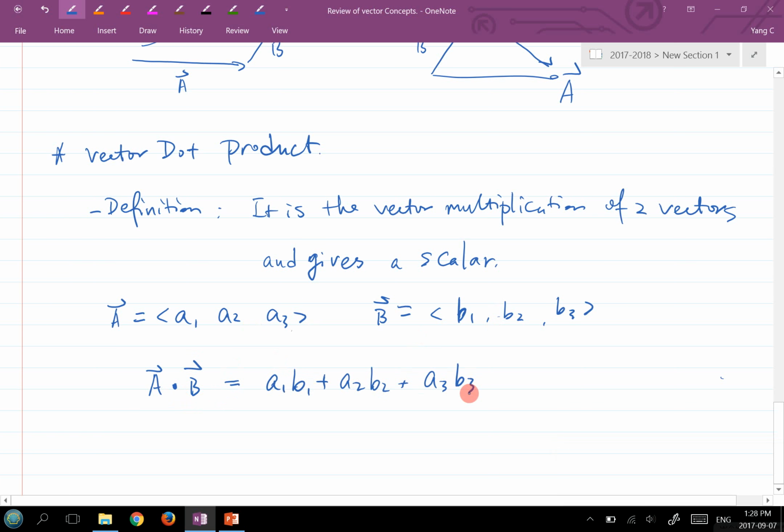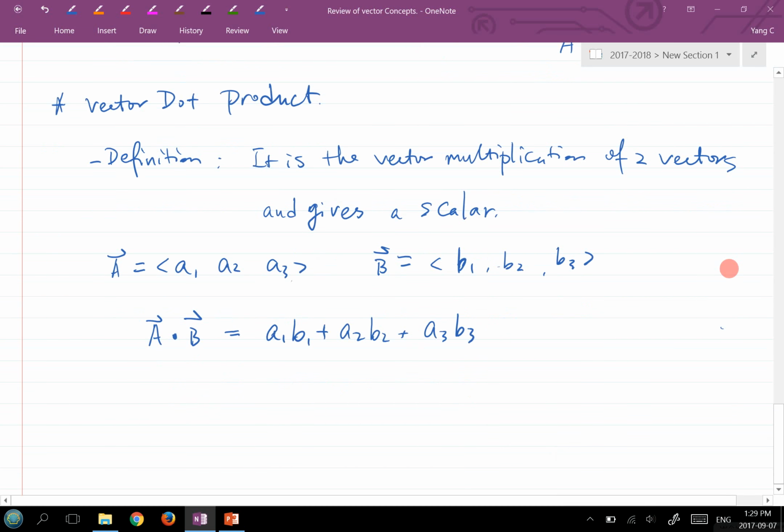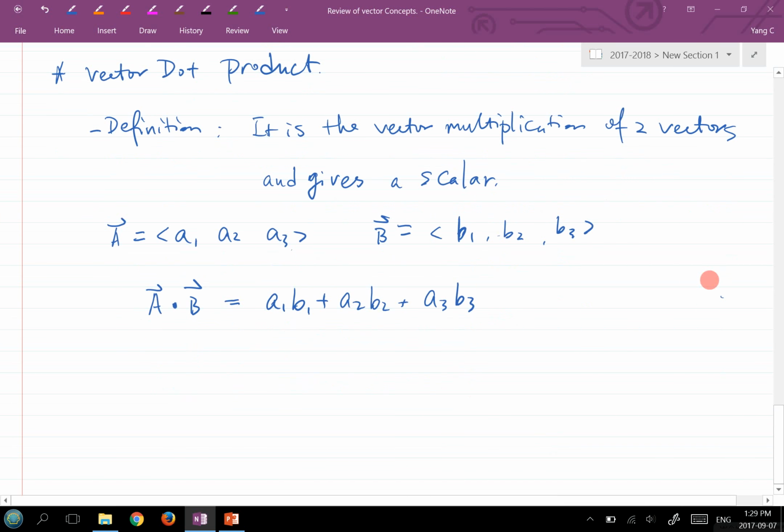It's very simple. You multiply the first component by the first, the second by the second, and the third by the third, the corresponding components in the other vector. There are different names for the dot product. Sometimes you call it the inner product, or scalar product.